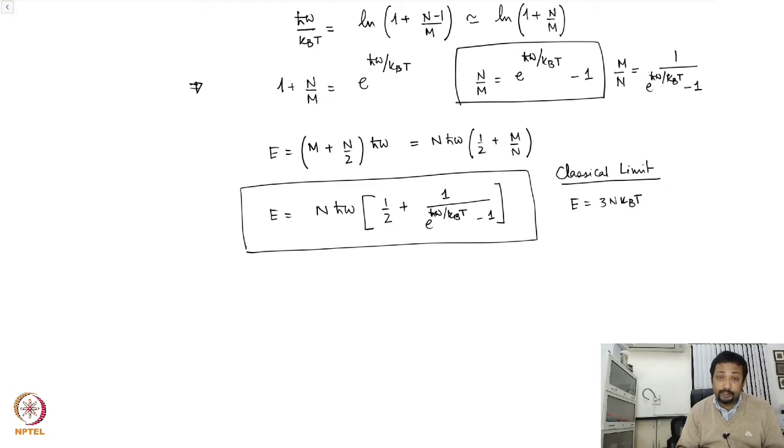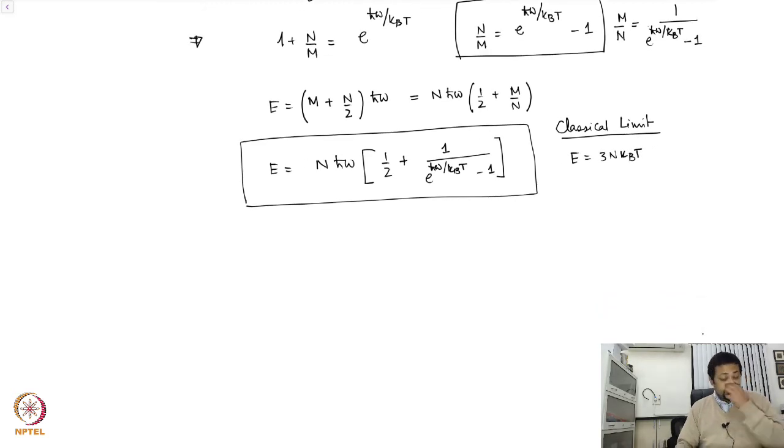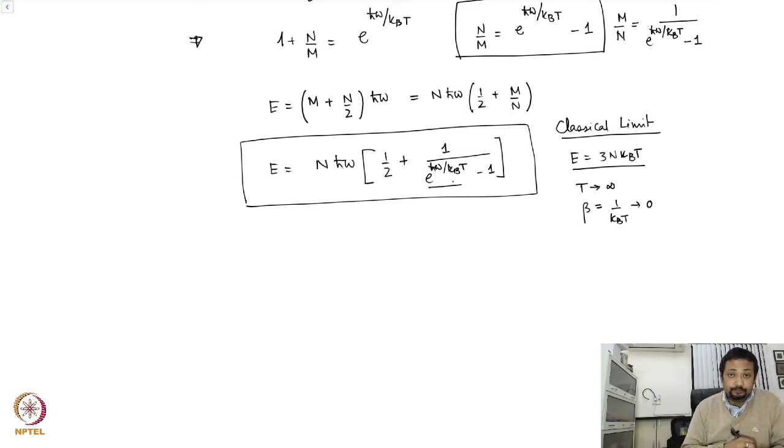We have already done this. Hence, to see whether we go to this limit, what we need to do is to substitute T to infinity, so that beta, which is equal to 1 over kBT, is small. It goes to 0. Therefore, you see, I can expand the exponential.